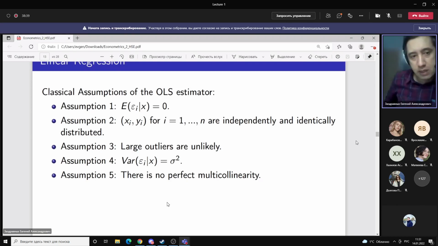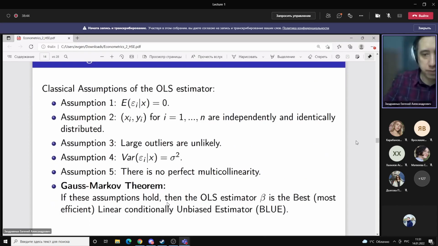If we hold all of these assumptions, our betas will be BLUE, as they will be best linear conditionally unbiased estimators. But in practice, it is impossible to hold all of these assumptions, and it is very difficult to get BLUE betas.